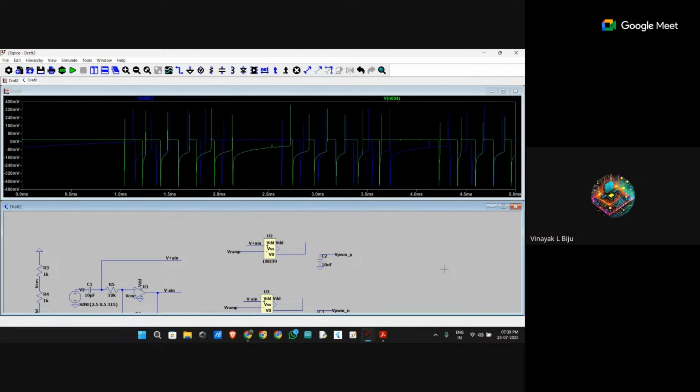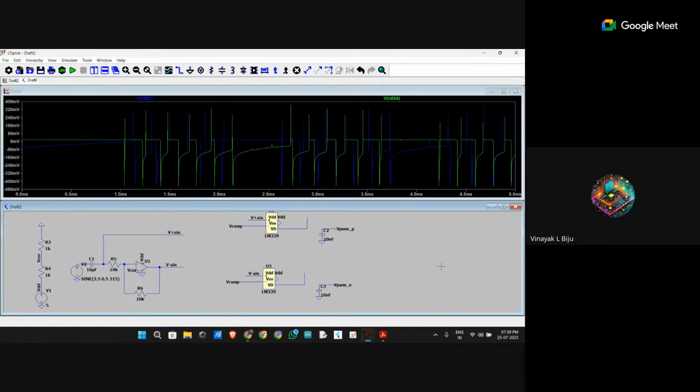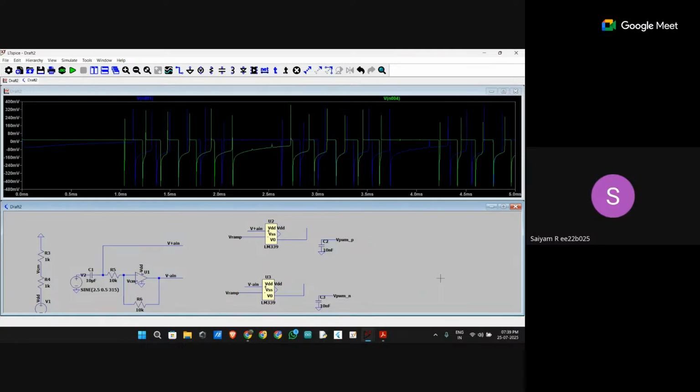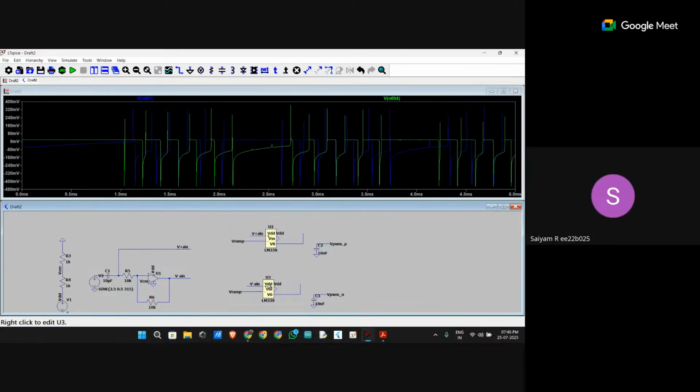Now I am getting some output, sir. Is the LM339 properly connected? Yes, sir.